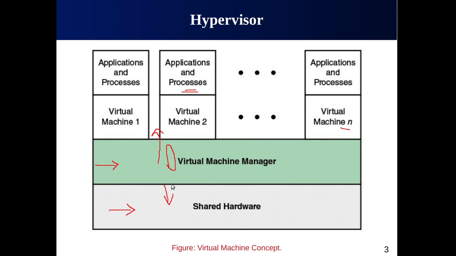On one side we have the hardware, on the other side we have the software. So it sits between the two worlds, and it allows multiple virtual machines to safely coexist on a single physical server, on a single physical machine. So this is the concept of the hypervisor and also the virtual machine.